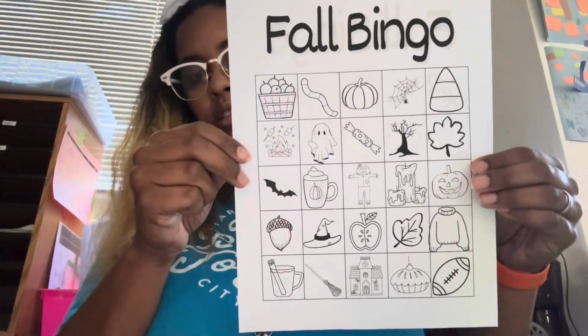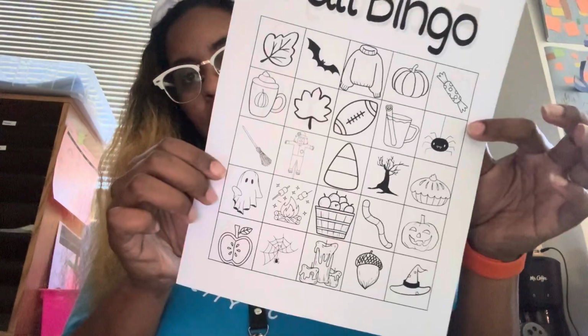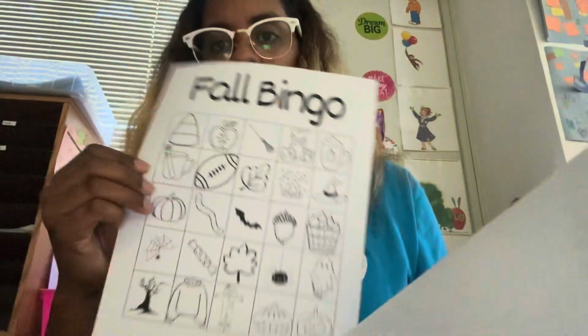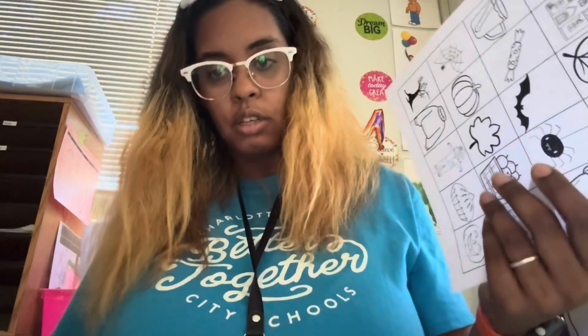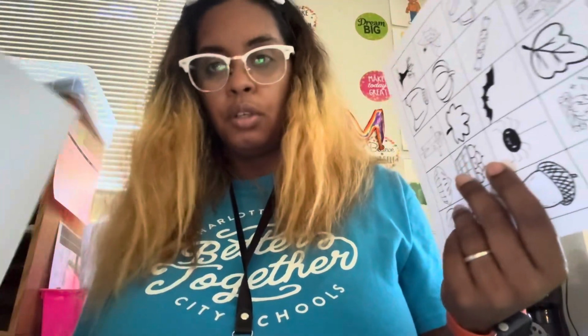So here's one, here's another one, and then I think there was one more. It's all the same, they're just mixed up on the different things. So anyways, I printed out 3 of these, that way it will go with the game. When you get these, you'll get your 5 in a row. However, I do need to cut these out.